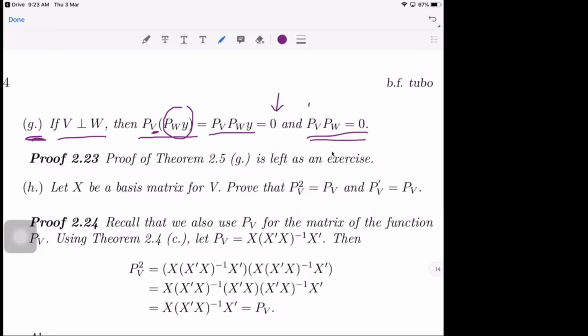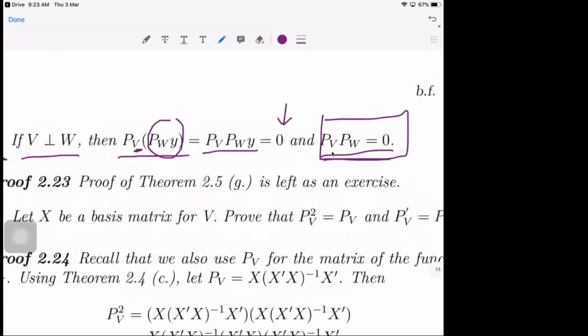In matrix notation, that is equal to 0. And you can use the result, part 2, to prove this.